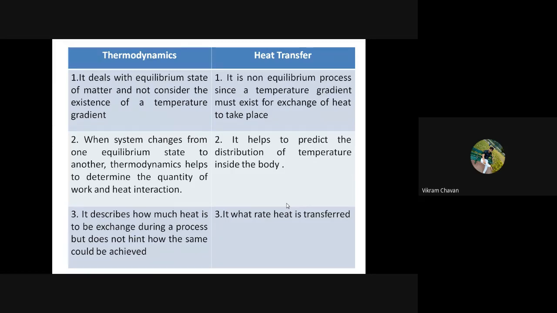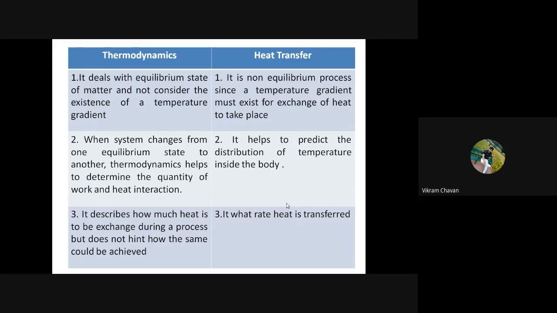It also helps to find out or predict the distribution of temperature inside a body. Let us say we have provided heat to a body. What will be the temperature on the surface of the body, what will be the temperature at the inner surface, and how does it vary as the distance varies from the surface to the inner surface?